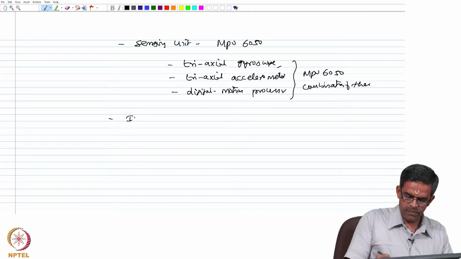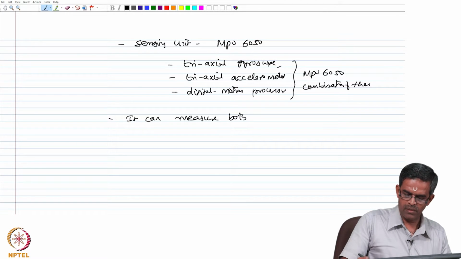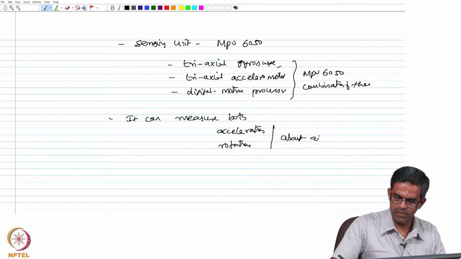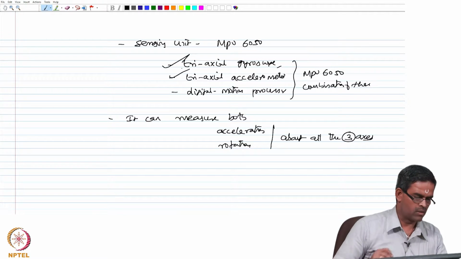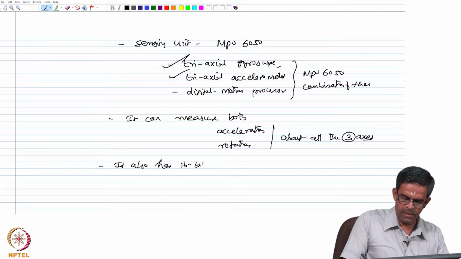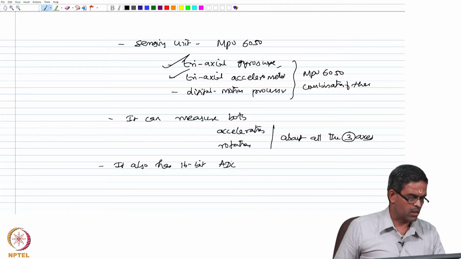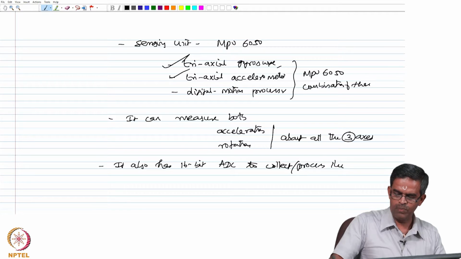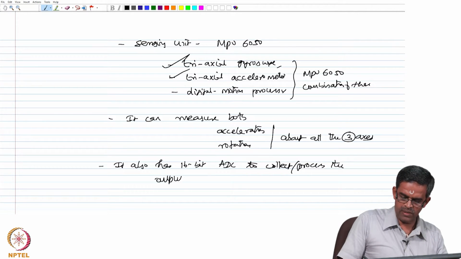It can measure both acceleration and rotation about all the 3 axes. It is a triaxial component, with a 16-bit analog to digital converter to collect and process the output from the sensors.